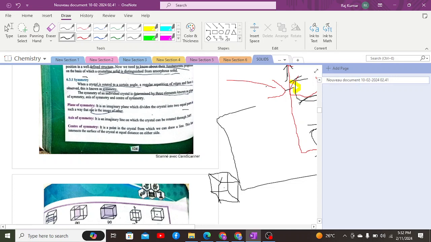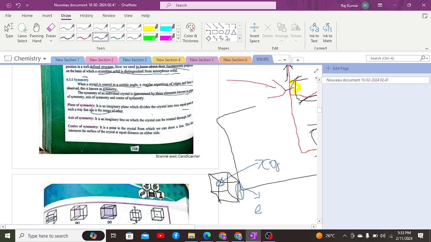Within that cube, the side which is forming this cube, let's suppose this blue side, is known as the edge of the cube. The point at which two or more edges combine together is known as a corner.